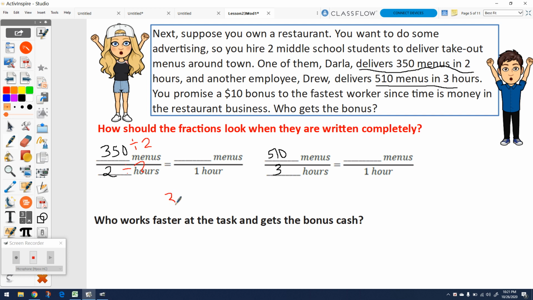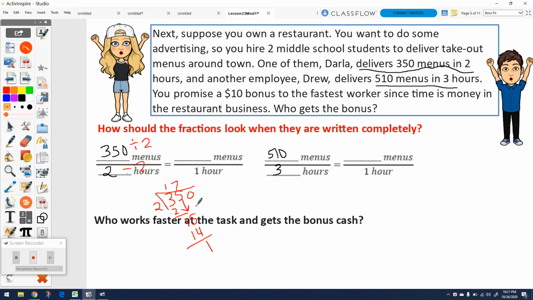If we do it down below here, we're going to get 350 divided by 2. 2 goes into 3. We subtract, and we get a 1. Bring down our 5. 2 goes into 15 7 times, which is 14. 15 minus 14 is 1.